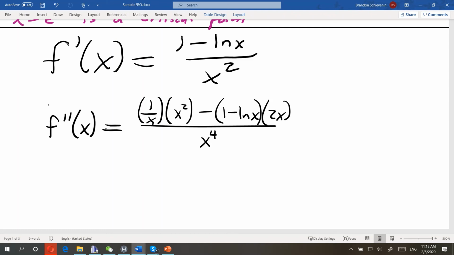English is a little weird, so we've got squared, cubed, and then we've run out. So x to the fourth power. Okay, so I'm going to simplify a little bit.